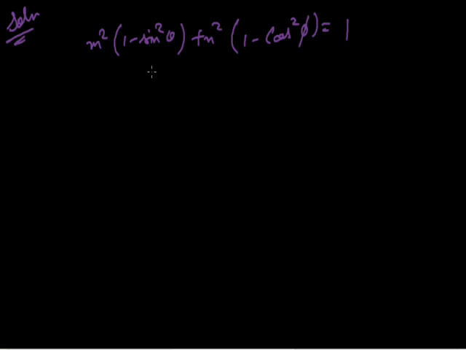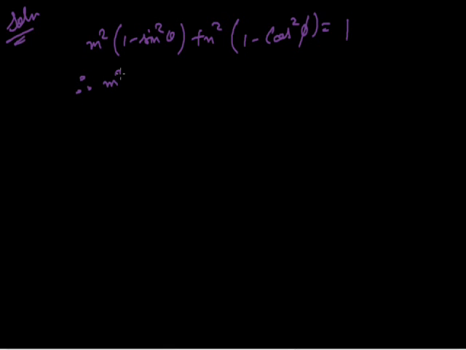Therefore, in order to take advantage of the third relation, we will rewrite the second equation again, that is m square into 1 minus sin square theta plus n square into 1 minus cos square phi is equal to 1.